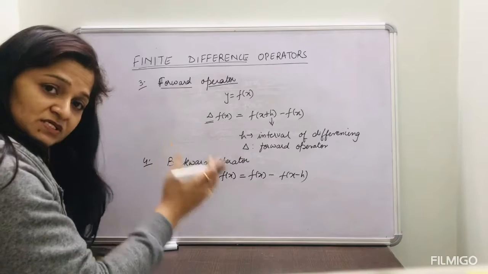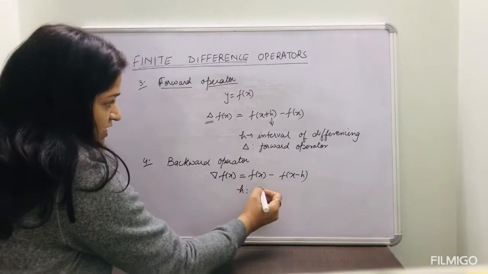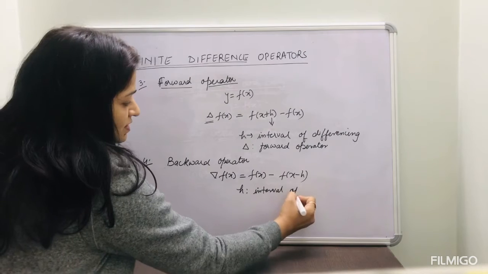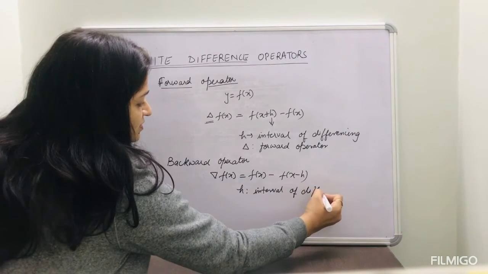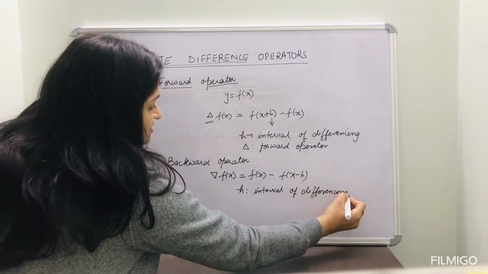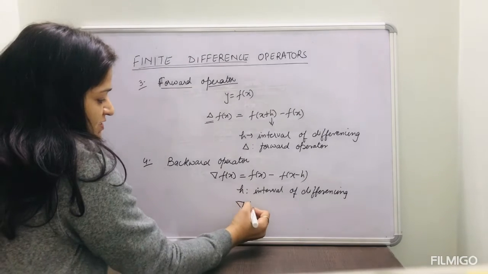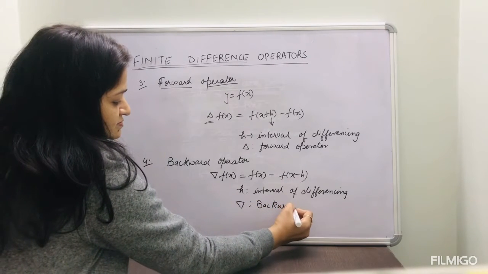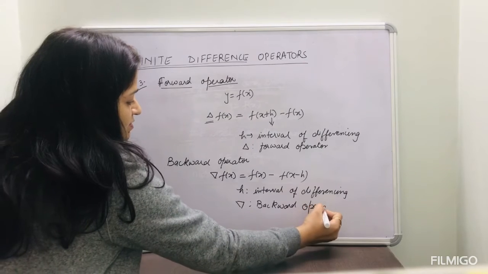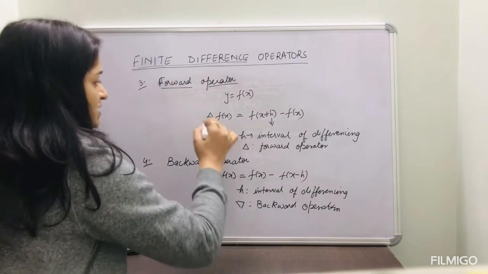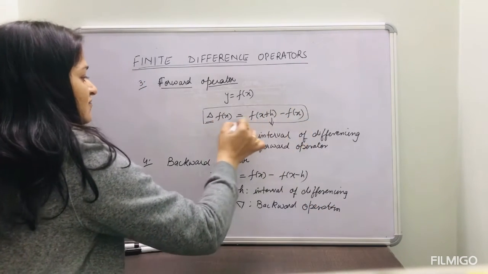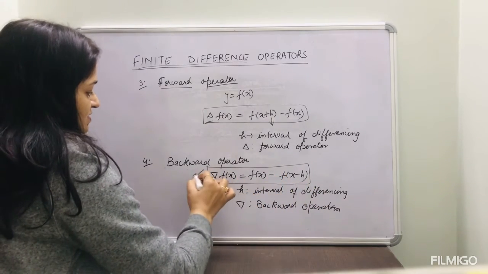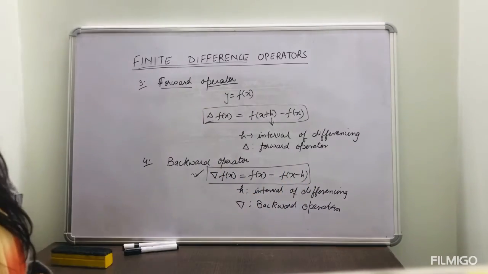Same concept, same principle. h is my interval of differencing, and this is my backward operator. बच्चे इसमें ये फॉर्मूला ये सारे के सारे आपको याद रखने हैं. These are very very important.